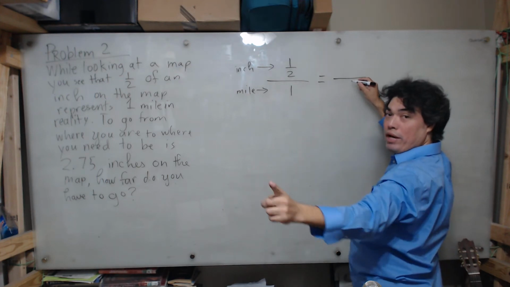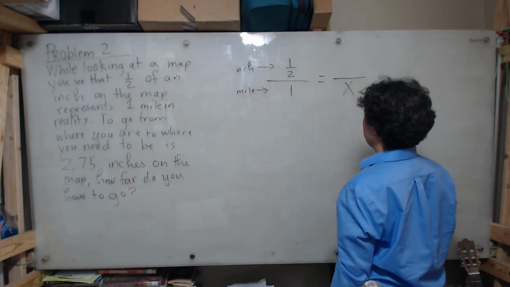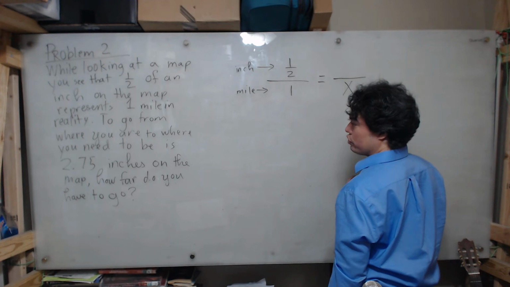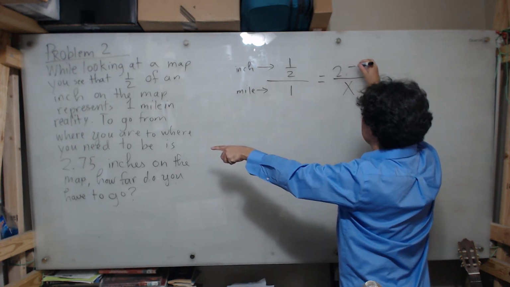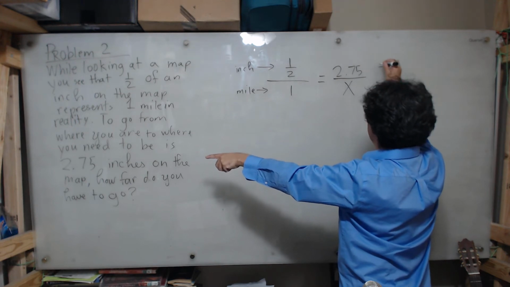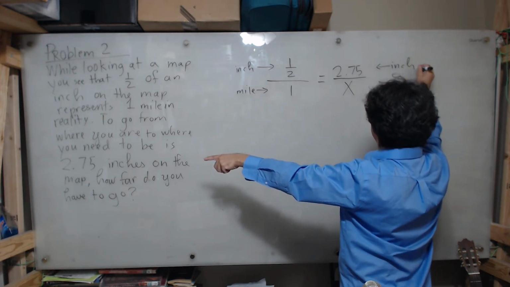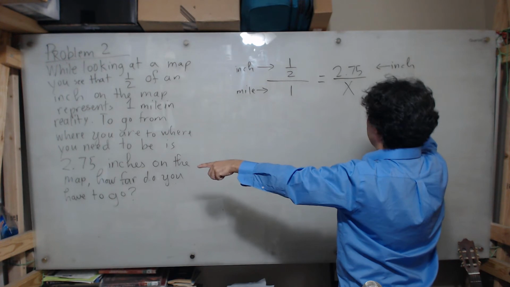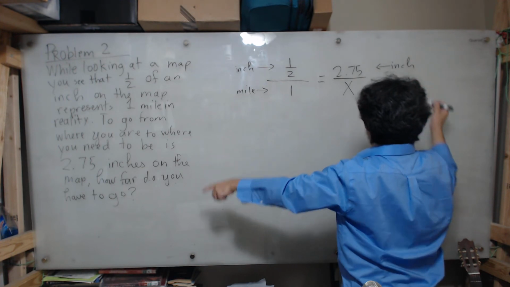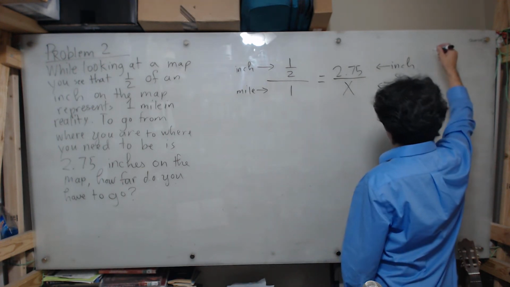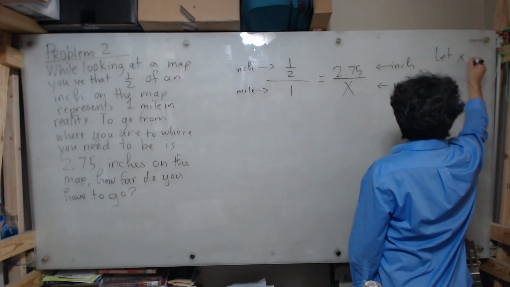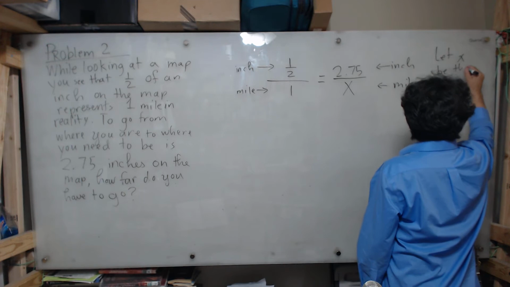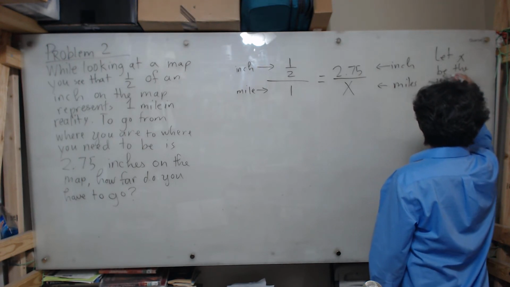But since I don't know what miles are, I'm going to let x be the unknown number of miles I have to traverse. But I do know that on the map it's 2.75 inches. So I put inches on top again, and I put miles on the bottom again. And let me also state again what the x is. Let x be the unknown number of miles.